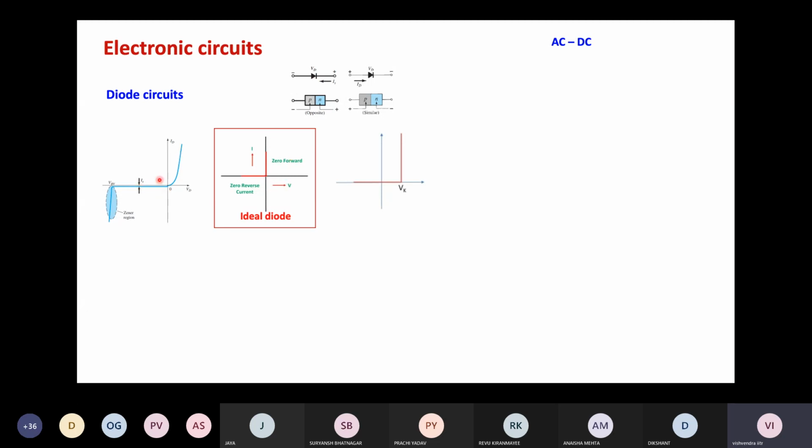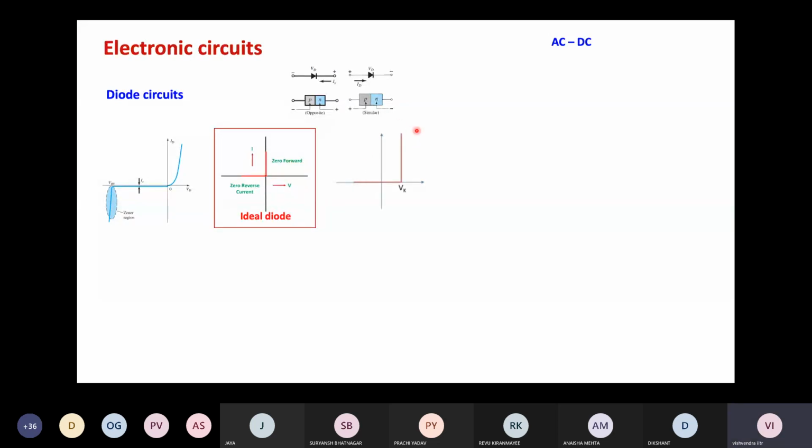So this is the diode IV characteristics. In forward bias regime it conducts, in reverse bias it does not, and this is equivalently understood as follows: for a forward bias the diode is like a short circuit, and for a reverse bias it is like an open circuit. So this is the ideal diode equivalent for circuits.